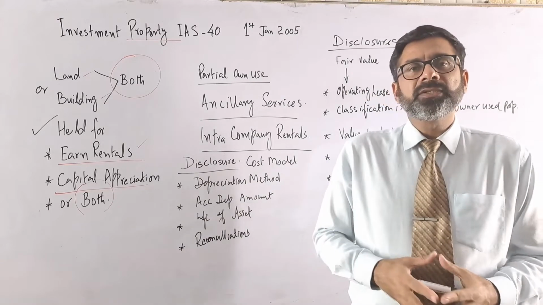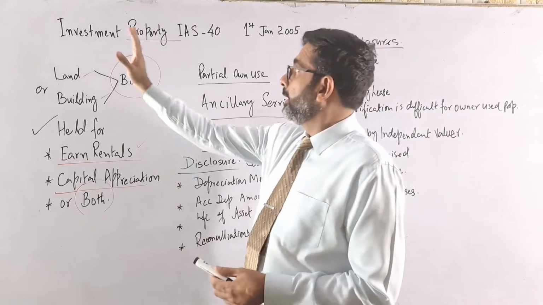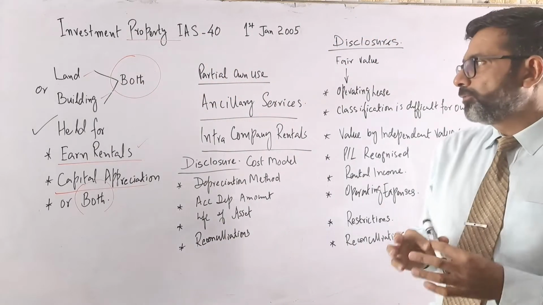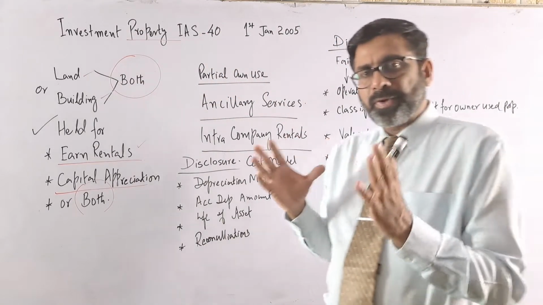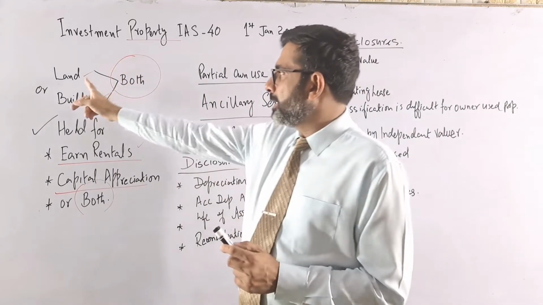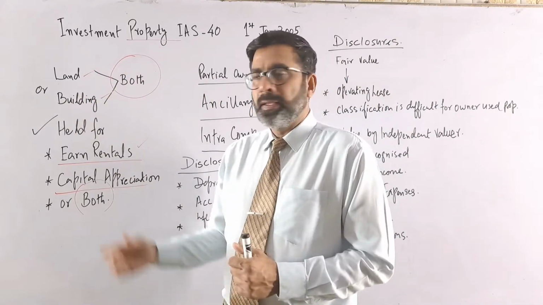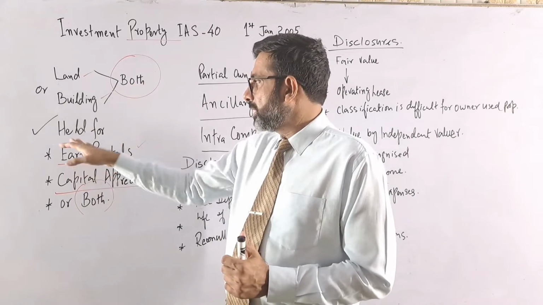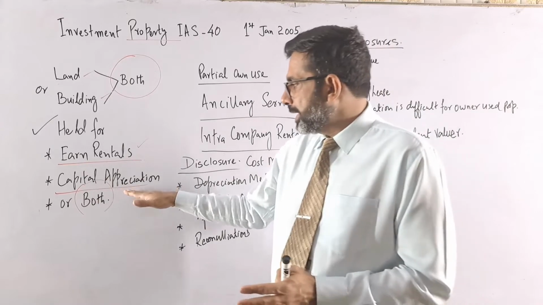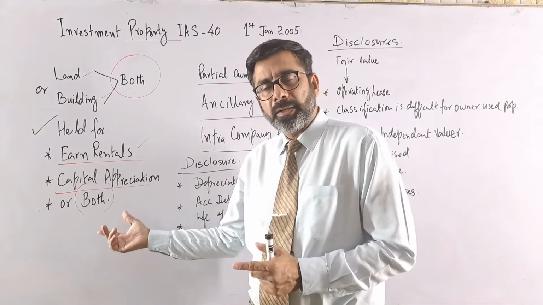In the previous lectures we were discussing the investment property, that is IAS 40. Just a brief overview: investment property means any land or building, or both, which is held under rentals or for capital appreciation, or maybe both.